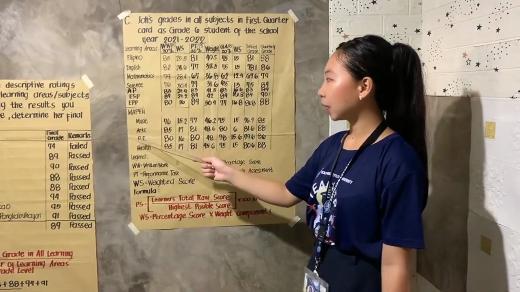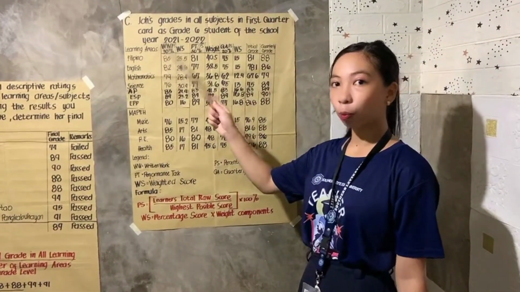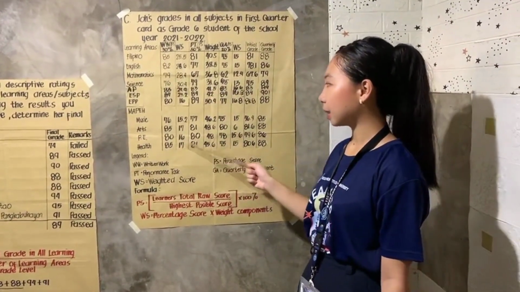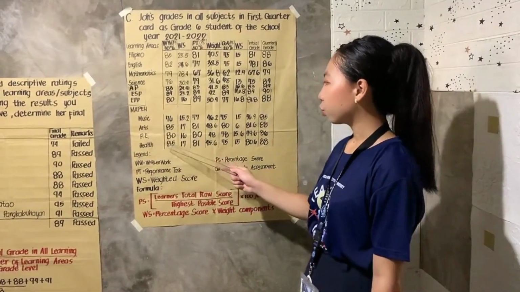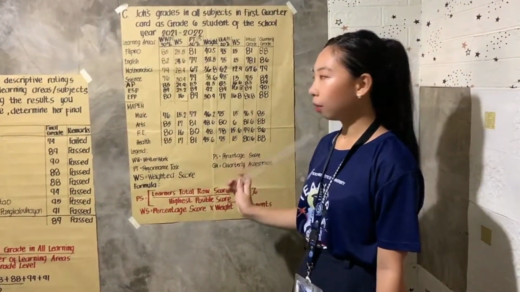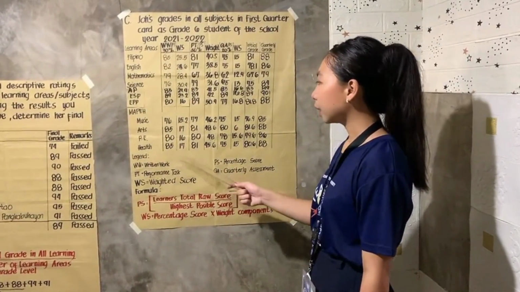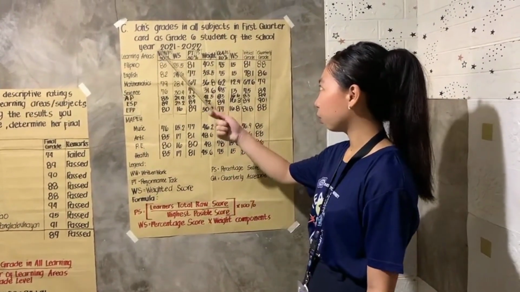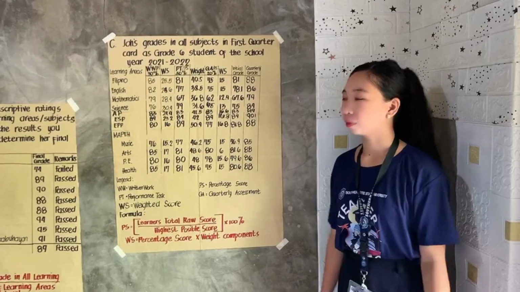In physical education, he got 80, multiplied by 0.30, he got 16 as a weighted score. And in health, he got 85, multiplied by 0.30, he got 17 as a weighted score.